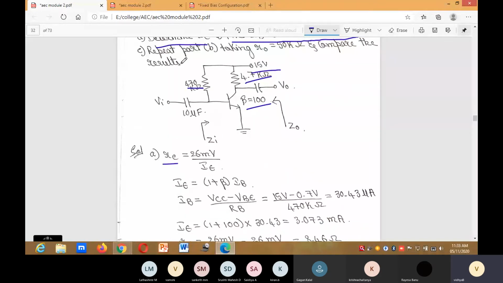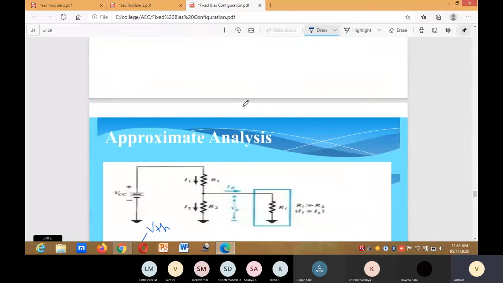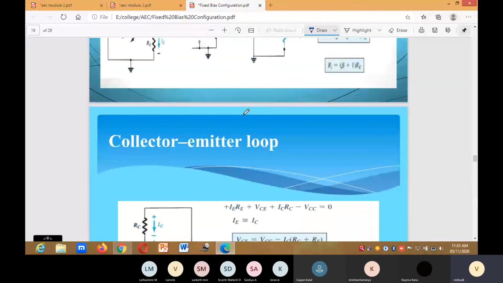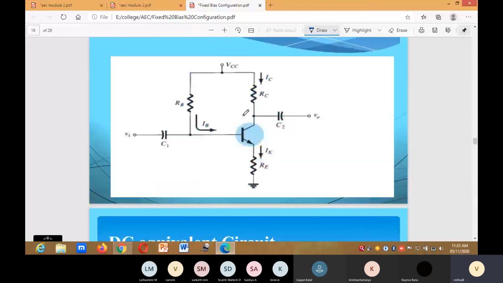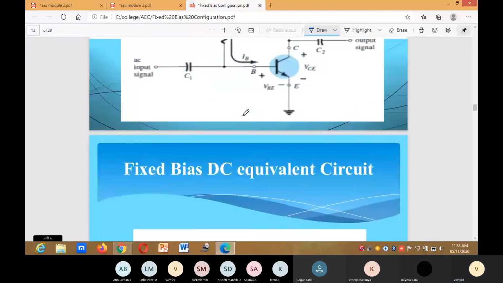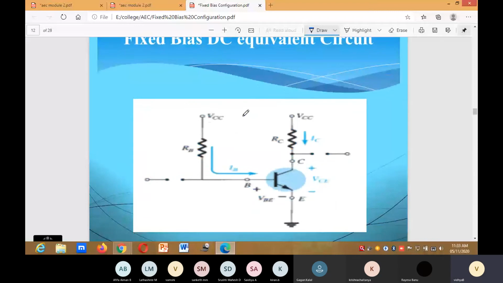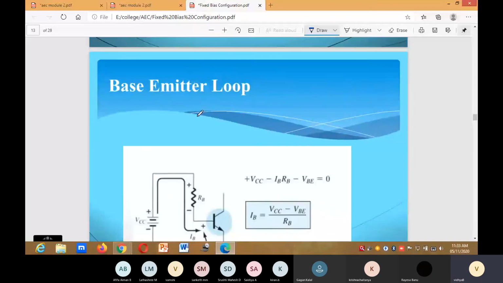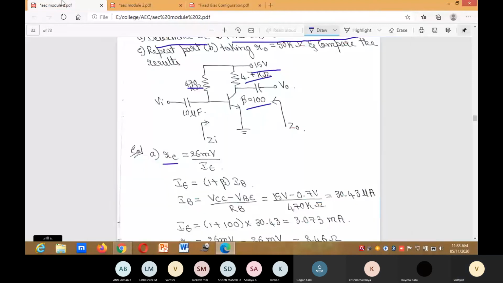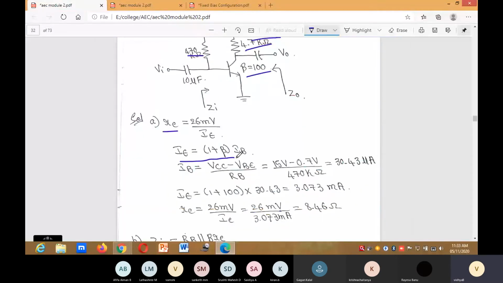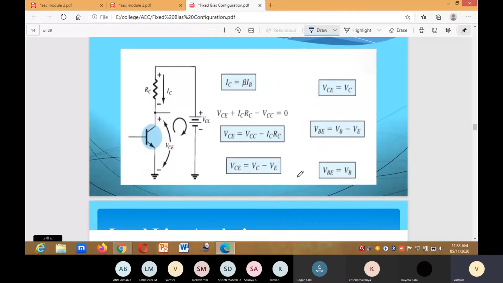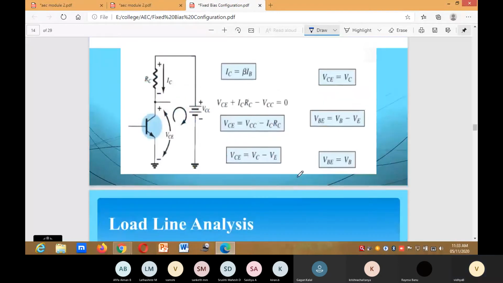I think you remember the fixed bias configuration formulas. In the first module it is there, and I repeated it in the second module. These are the fixed bias configuration formulas. IE is equal to 1 plus beta into IB. You can observe here IE is equal to 1 plus beta into IB.